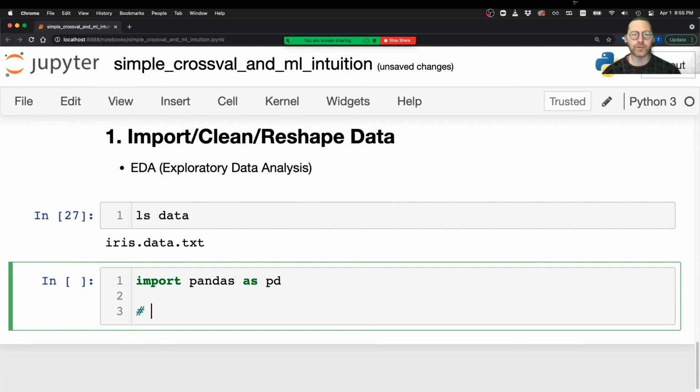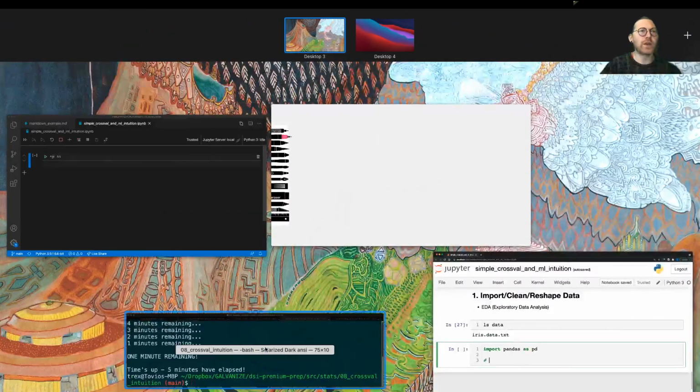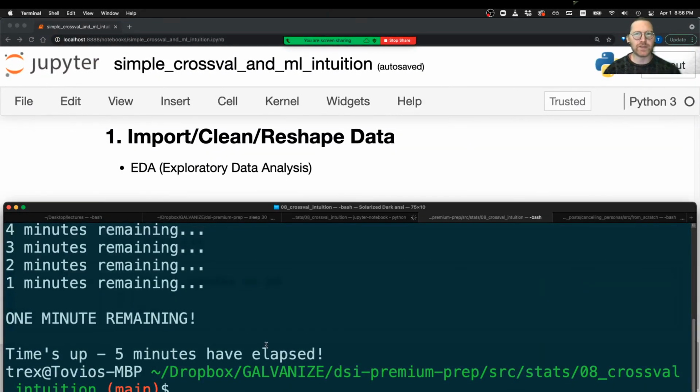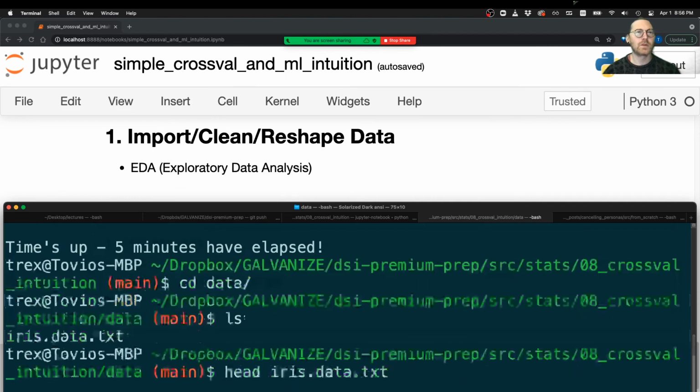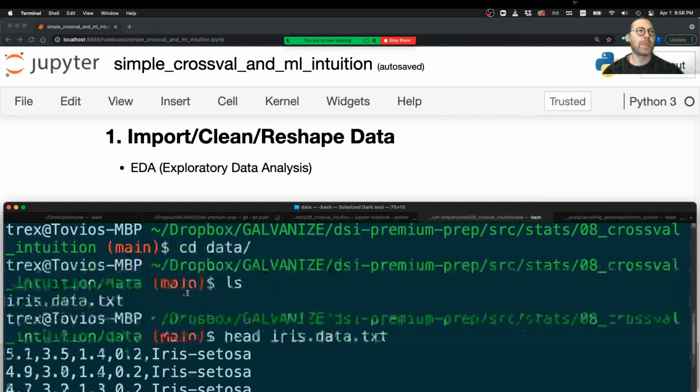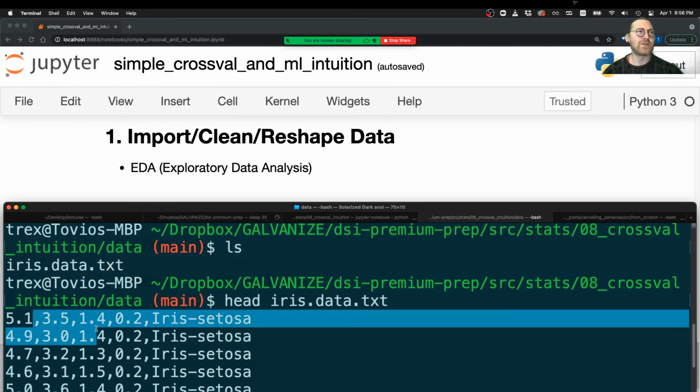It's really powerful, gets you a quick look, and it's pretty amazing. So I want to show you really quick what this data looks like in the terminal. So I'll go into data. Notice here's iris.data.text. I'm going to look at the top of this.